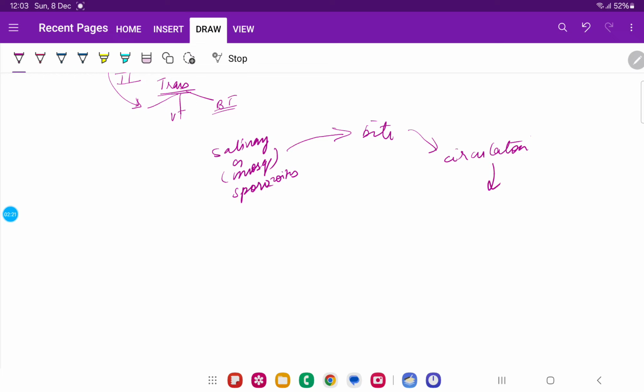Now these parasites quickly enter the hepatic circulation and enter the hepatocytes to bypass any immune obstruction or avoid any immune stimulation. They quickly enter the hepatocytes.